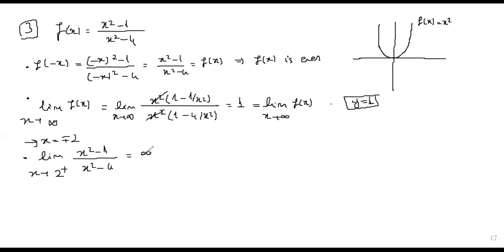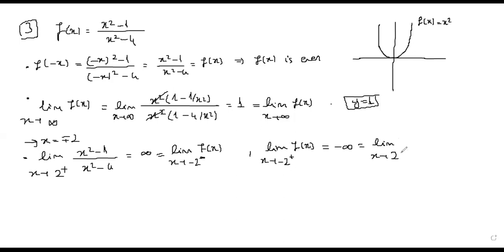So it gives plus infinity. Similarly, you can find the limit at minus 2 from the left, and the limit of f of x when approaching minus 2 from the right will be equal to minus infinity. Okay, we already know them.